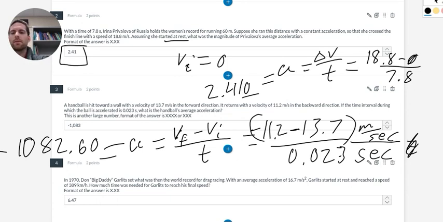So negative 1083. And that's in meters over second squared, because meters over second, over seconds, is meters over second squared. Right?